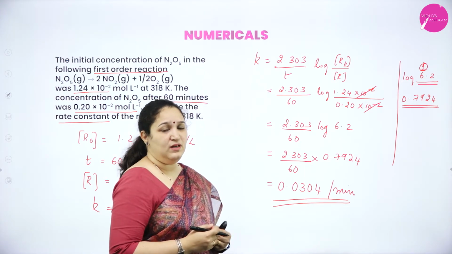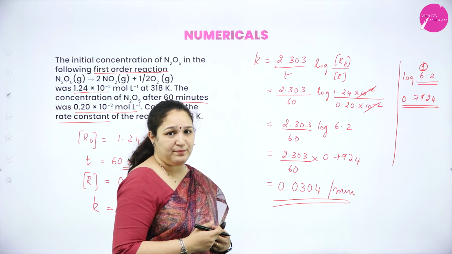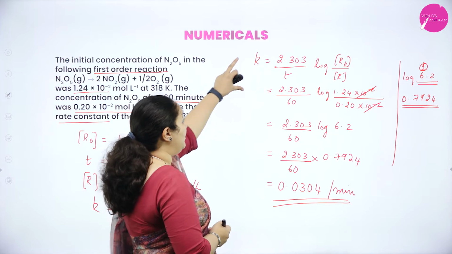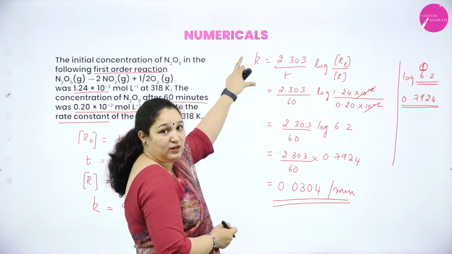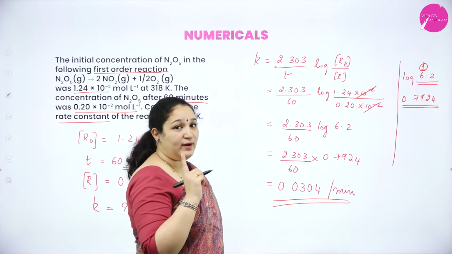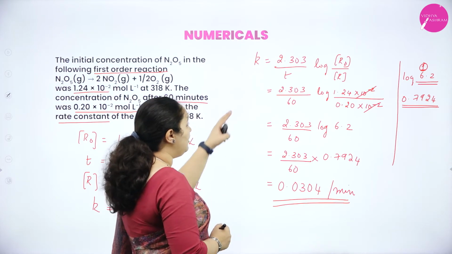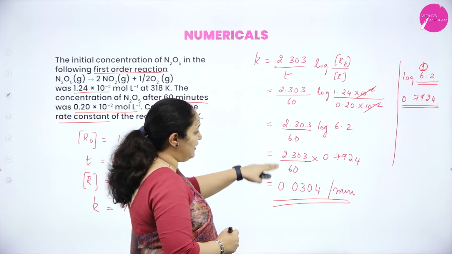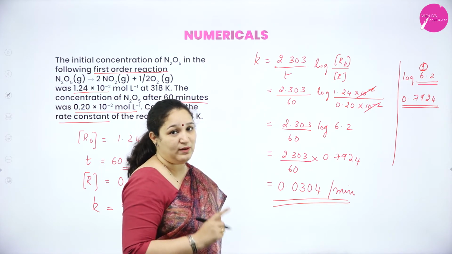Now for example, this question is asked for your exam for 3 marks. How will you get the marks? For writing the equation, the formula here, you will be awarded 1 mark. Then for correct substitution, the perfect substitution as well as the calculation, you will be getting 1 mark.